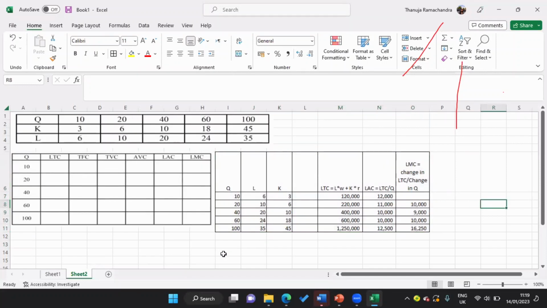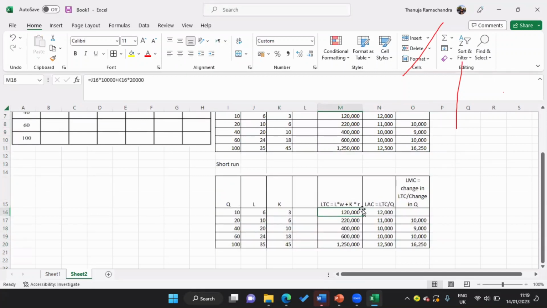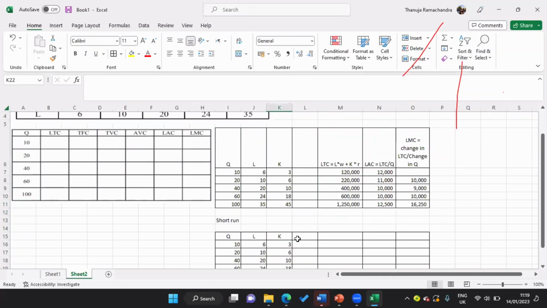Okay, so this is the long run situation. Then for the short run, you can separately work out, right? So I'll take the same thing. Short run, capital constant, right?